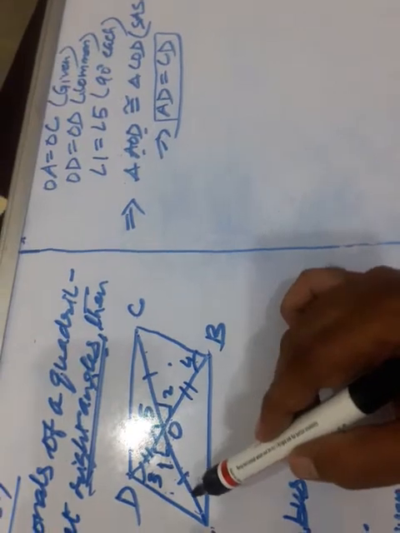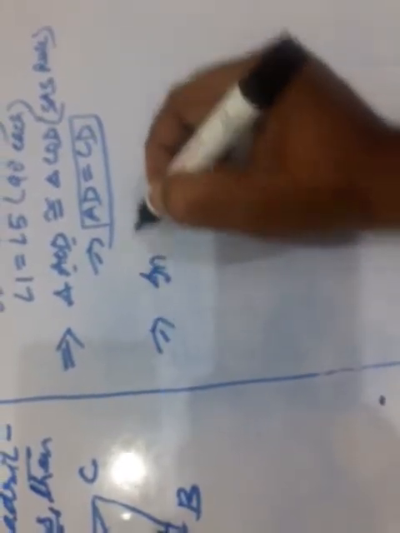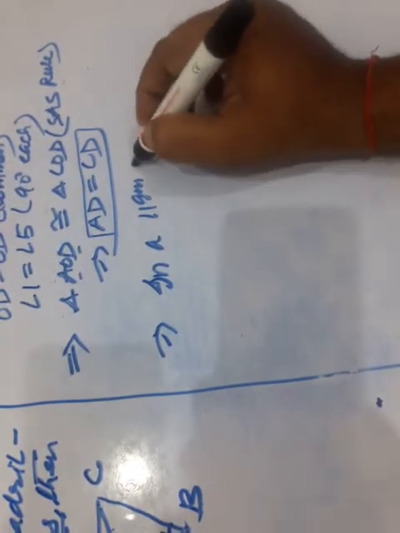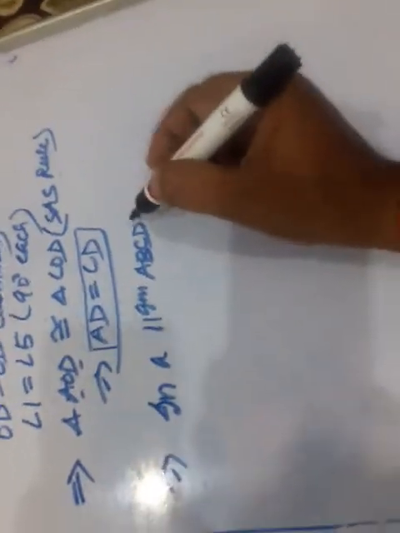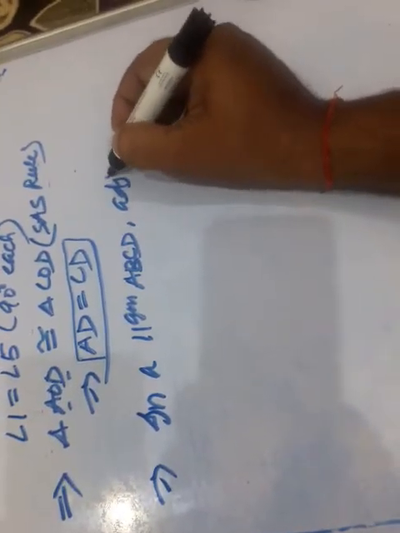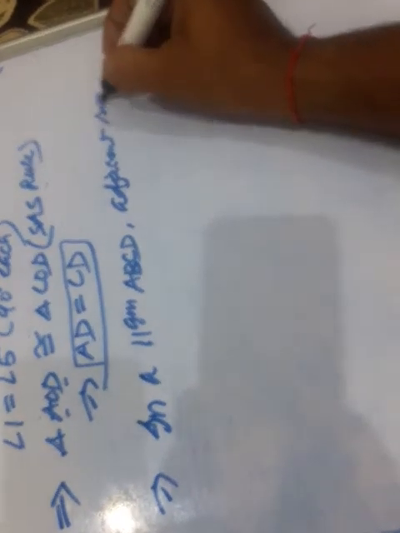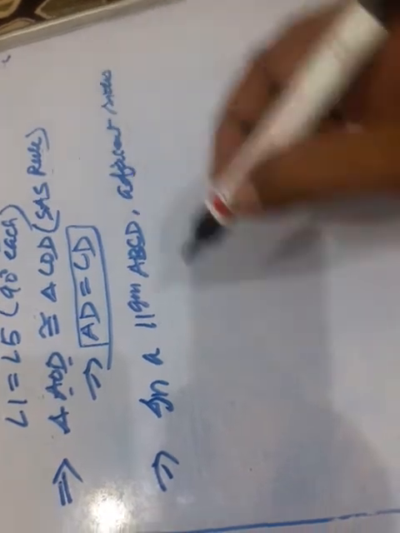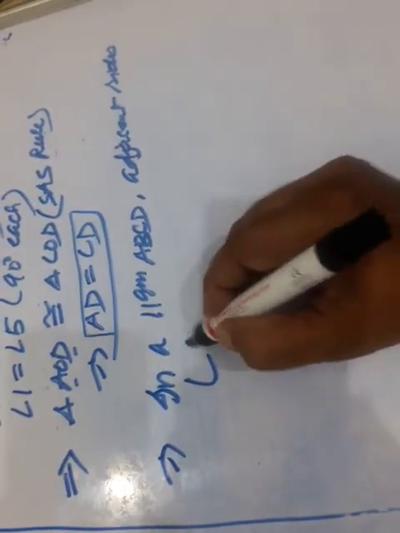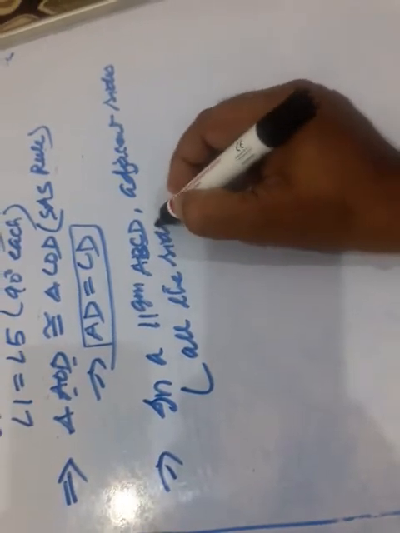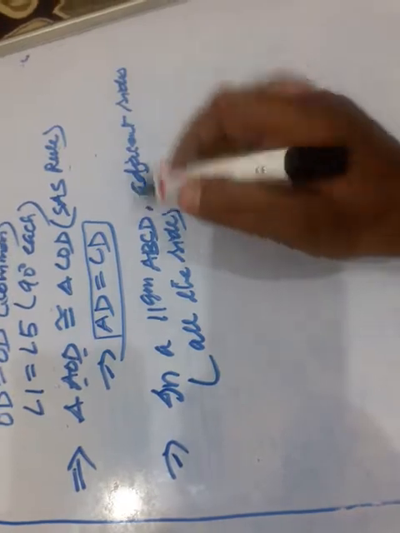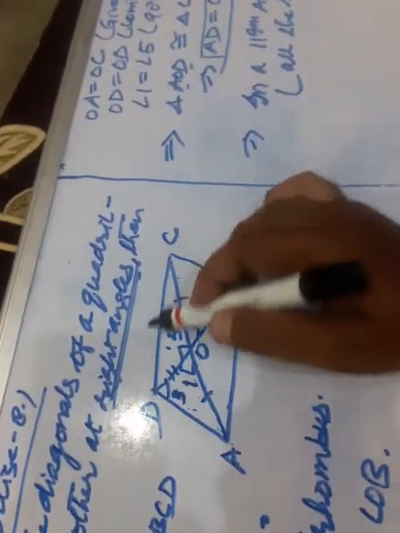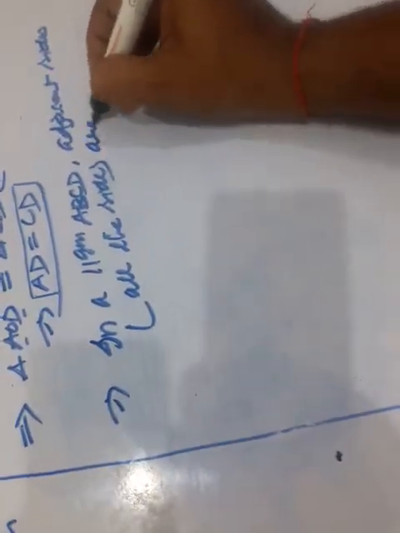In the previous congruence we had proved that AD equal to BC. Now this implies that in a parallelogram ABCD, adjacent sides AD and CD are equal. Look here, AD and CD are adjacent sides, so adjacent sides are equal.